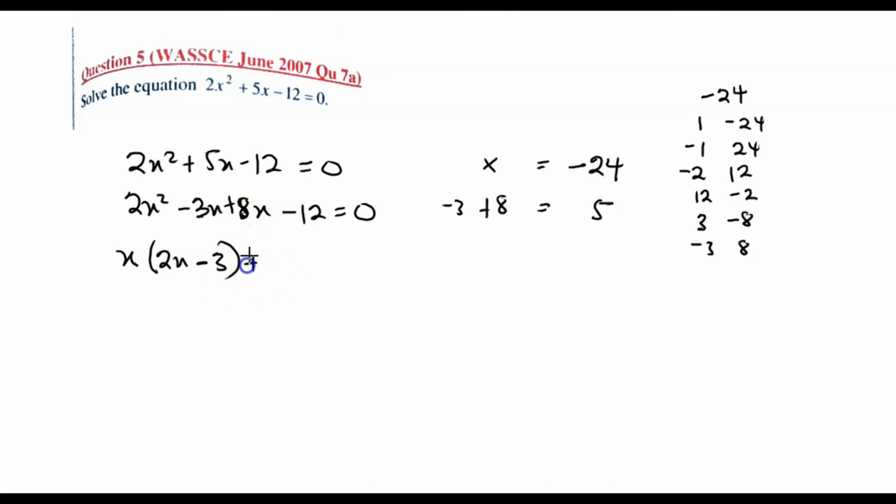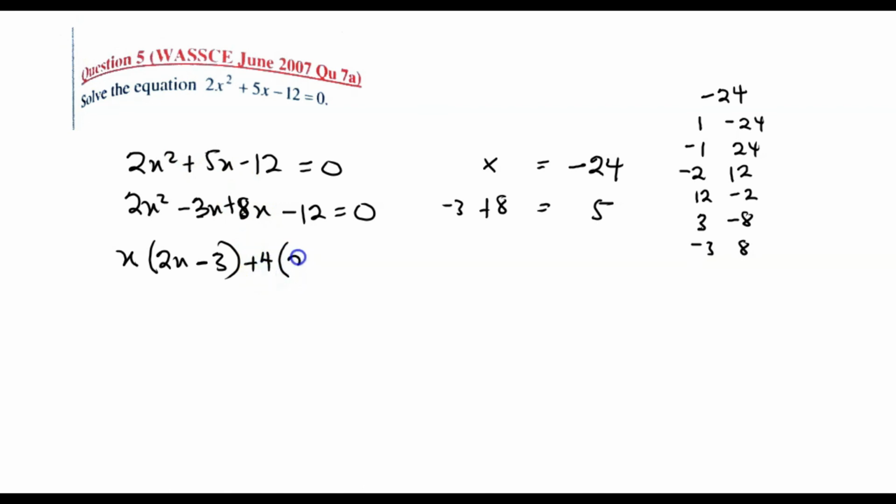Then we have plus the common factor between 8x and negative 12, that will be the value 4.